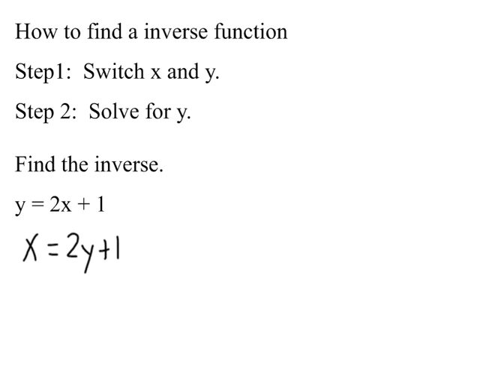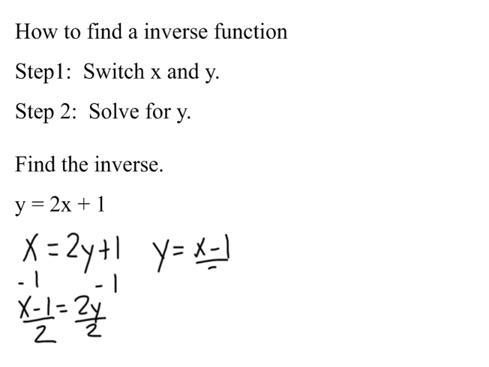So the first thing we're going to do is -1 on both sides. And then we're going to divide by 2 on both sides. So our final equation for the inverse is y equals x minus 1 over 2. It looks a lot different than what it started with, but if you notice, all the operations are exactly the opposite of what they started with.